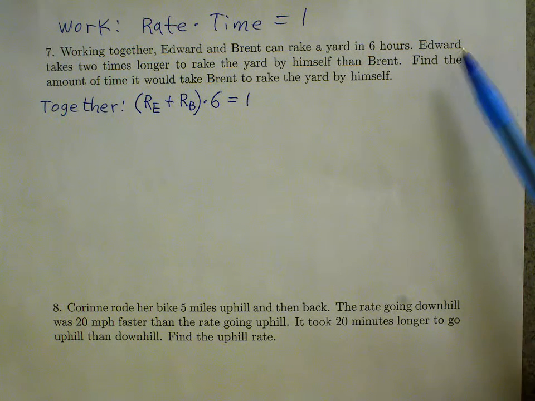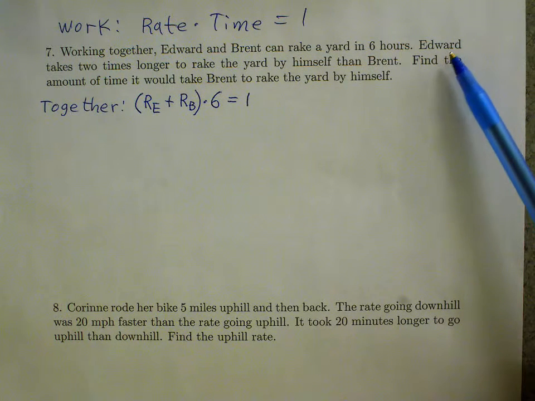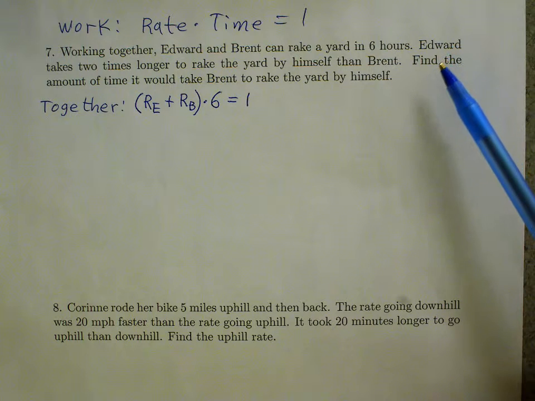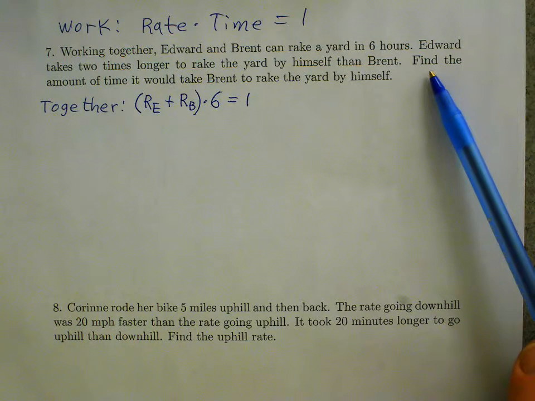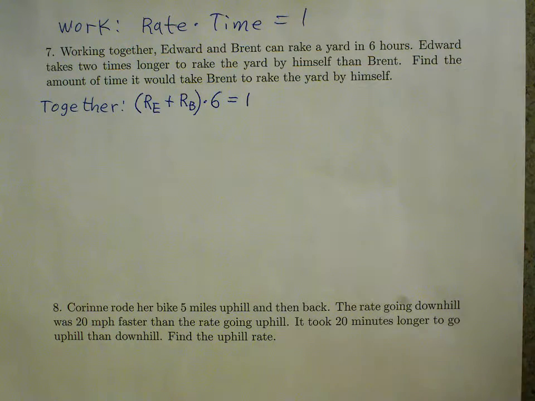In the second sentence, it says Edward takes 2 times longer to rake the yard by himself than Brent. And then it says, find the amount of time it would take Brent to rake the yard by himself.